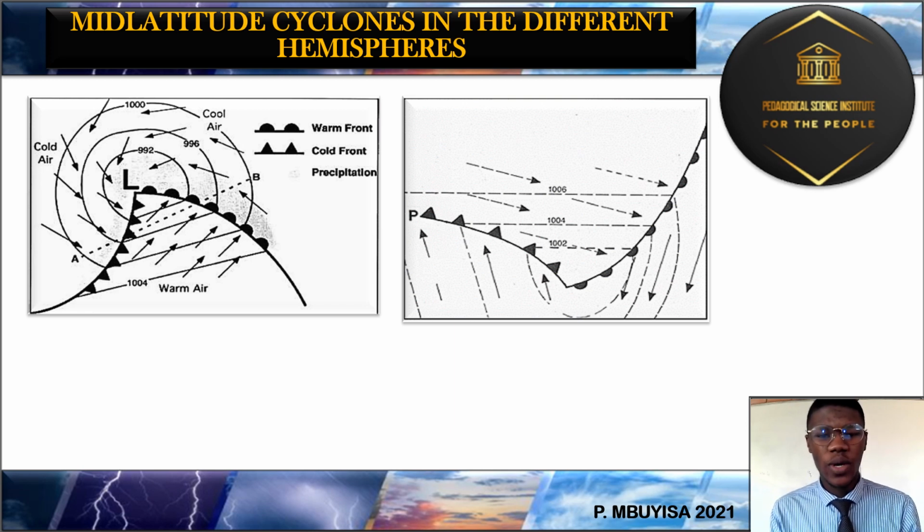You'll notice that we have two diagrams of mid-latitude cyclones. Remember, we said that they are characterized by having fronts as one of the features. And we said the fronts that they have are a cold front and a warm front. And again, we think about how you then identify in which hemisphere this system is.